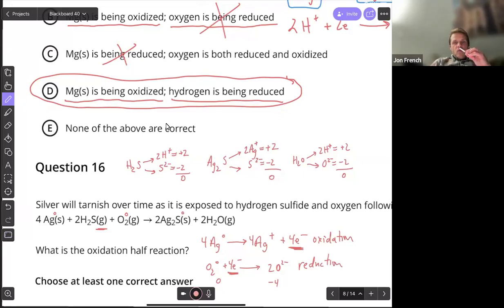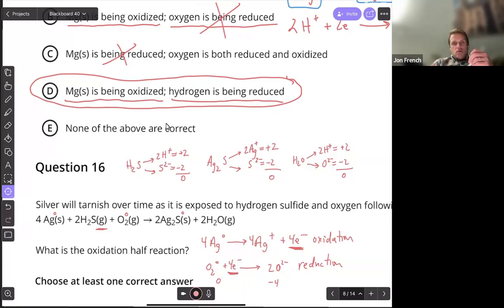Can you reduce it by 4, or does it change the equation? We could reduce the silver equation by 4. The reason why I wrote the whole equation out is it would have been a little confusing if I just had 1 silver going to 1 silver and 1 electron, and then all of a sudden I need 4 electrons down here. So I used the full equation so that we could see in total I'm losing 4 electrons and gaining 4 electrons.